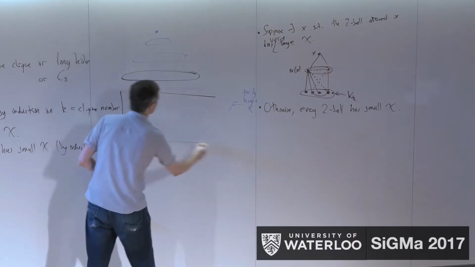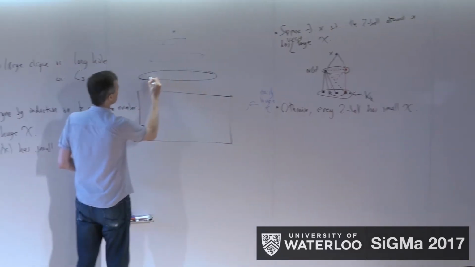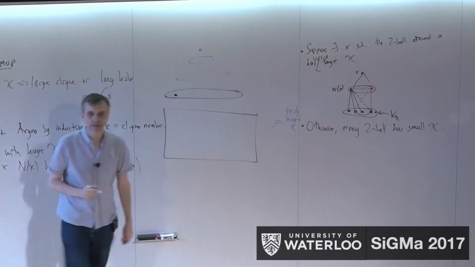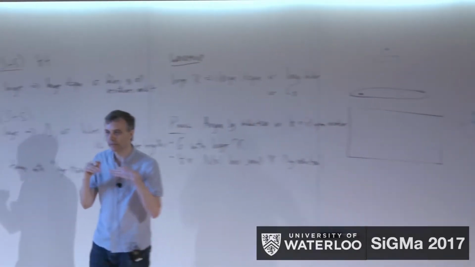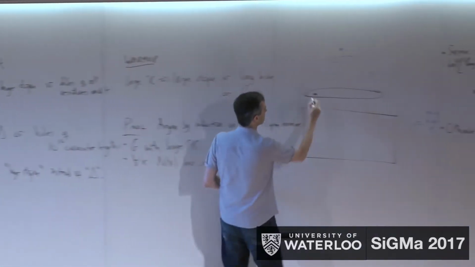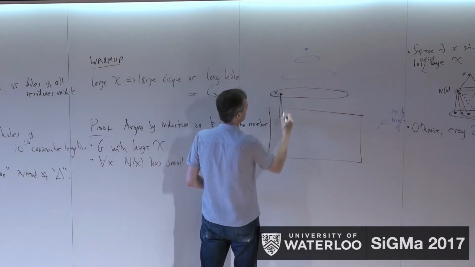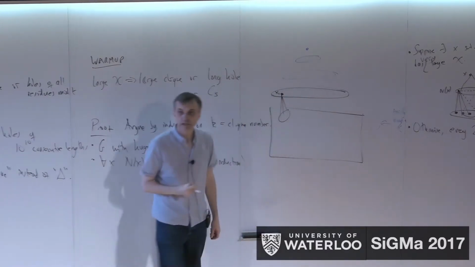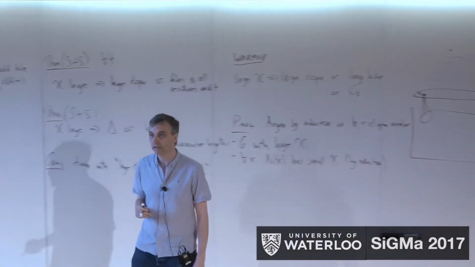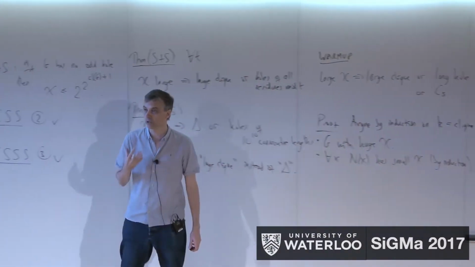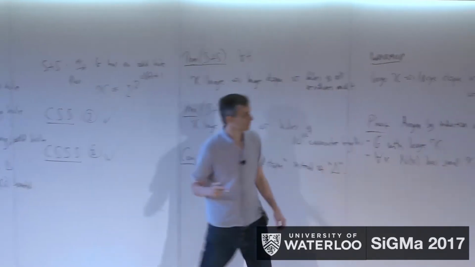Okay, so here's the base. I'm going to start at any point in the layer just above the base. Okay, so here we are. There's my vertex. I'll call this x1. It's got some children down here. Children have small chromatic number, so the non-neighbors in the base have large chromatic number.